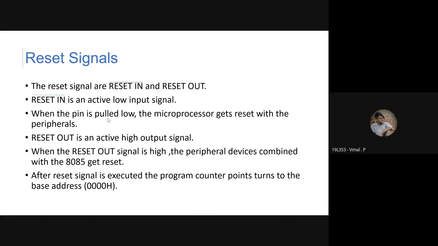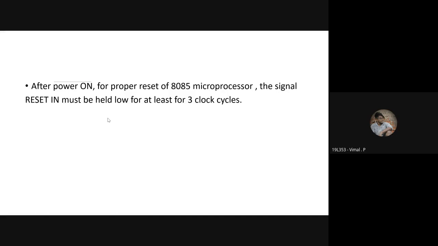After resetting with the reset in signal, the base address goes to 0000H, which is a hexadecimal number, and it performs from the beginning of a particular task or program. The proper way of resetting is we should hold the reset button for at least 3 clock cycles.